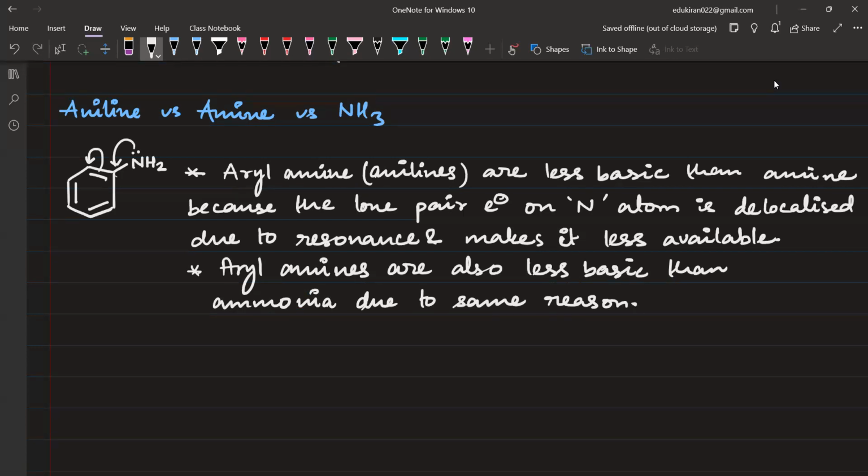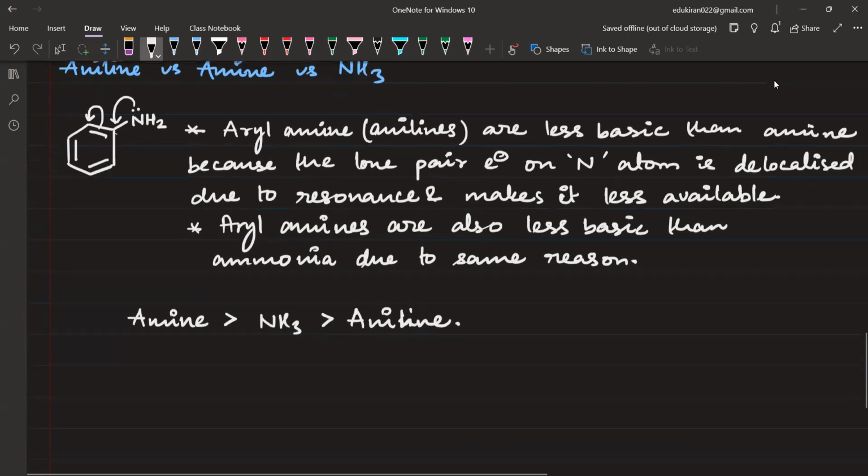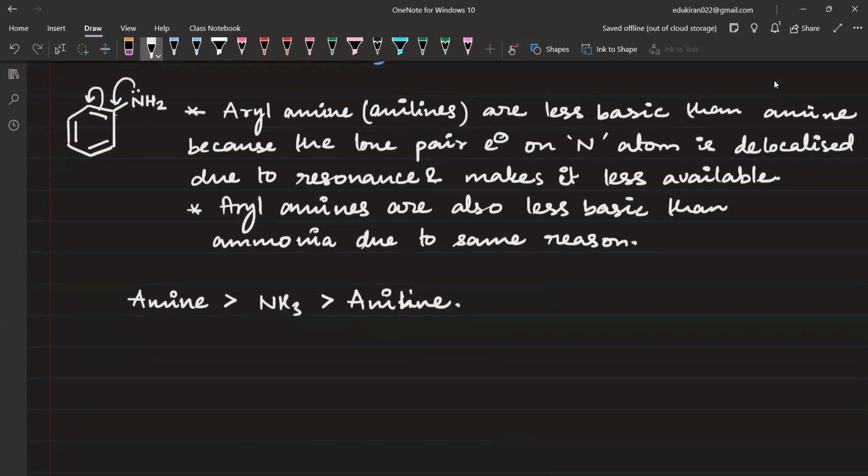ठीक है, so in general what we have seen, amines are the greatest, followed by NH3. No matter what type of amine we have, 1 degree, 2 degree or 3 degree, सारे के सारे amines are more basic than ammonia, and ammonia is more basic than aniline. Now, when we look at aniline, if you have any electron donating group, then it will increase the basic nature.